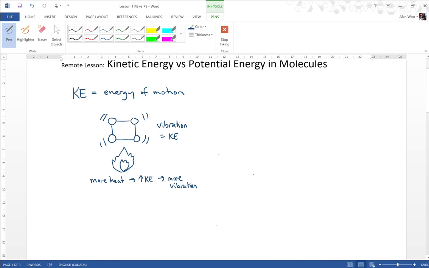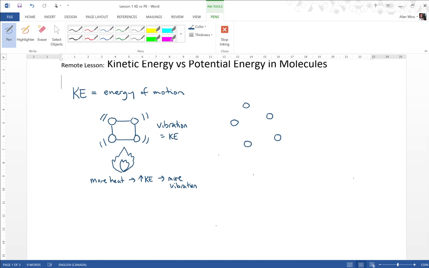Another form of kinetic energy exists when we start looking at things in the gaseous state. Even in the liquid state, there is kinetic energy, the energy used to make sure that molecules slide past each other.